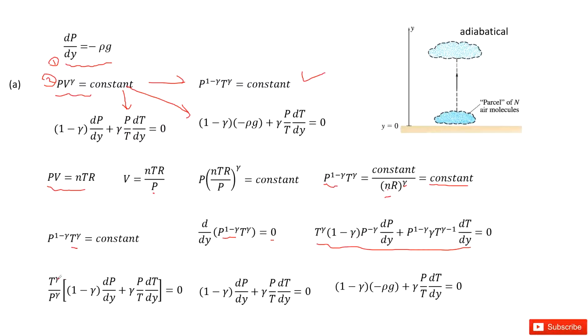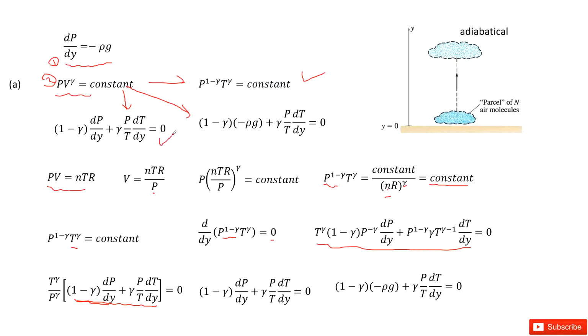We take T^gamma over P^gamma outside. So the first term becomes (1-gamma) dP/dy. And then this becomes gamma P over T dT/dy equal to 0. Then we can see the term inside this bracket just equals 0. Agree?